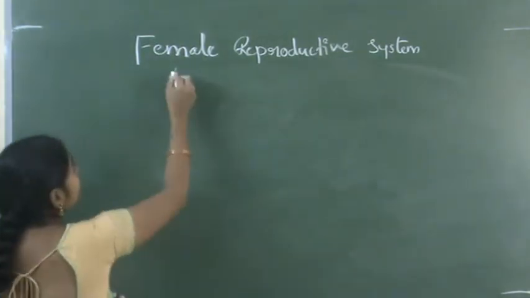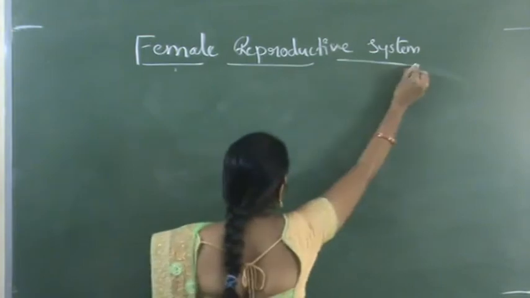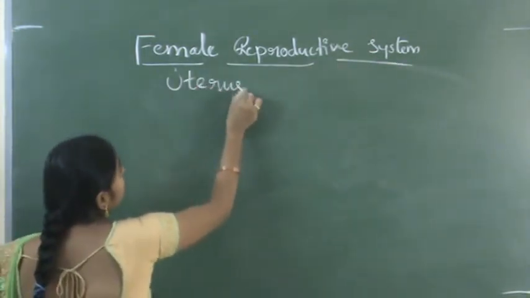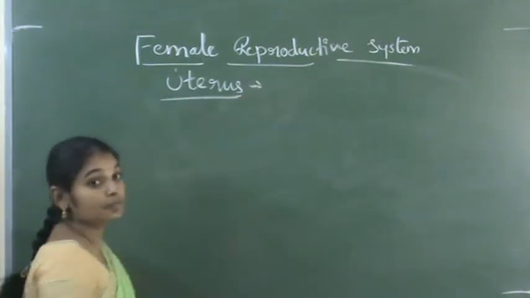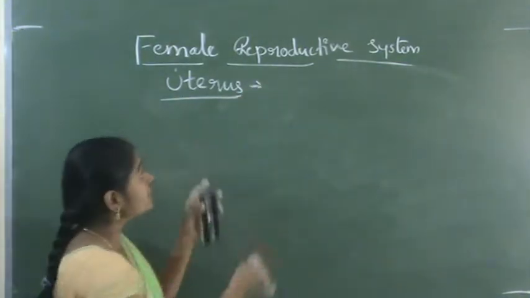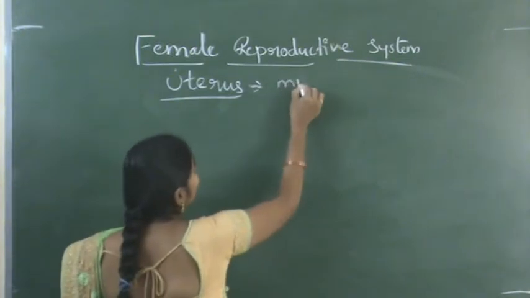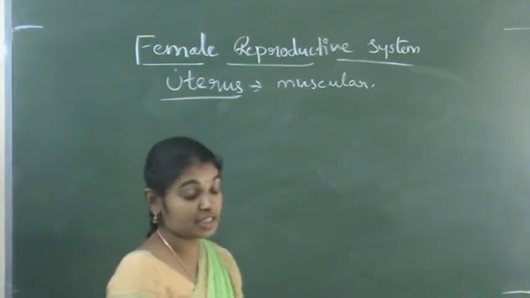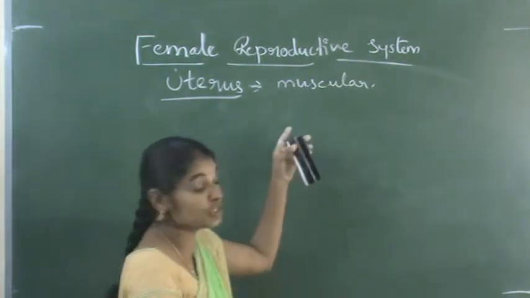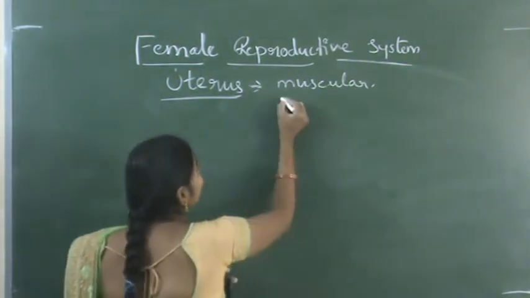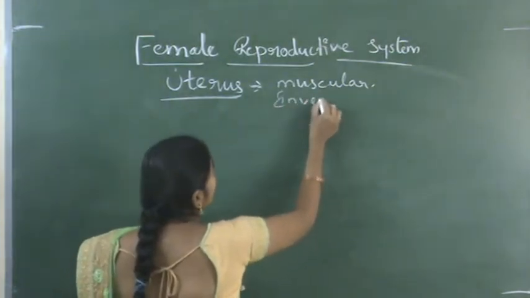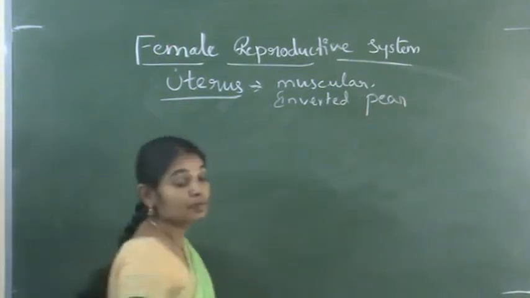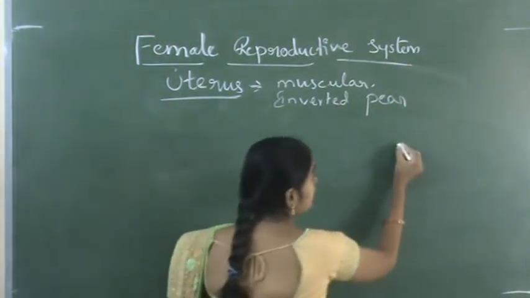The next part of the female reproductive system is the uterus. The uterus is a muscular structure, made up of smooth muscles, and it is inverted pear shaped.